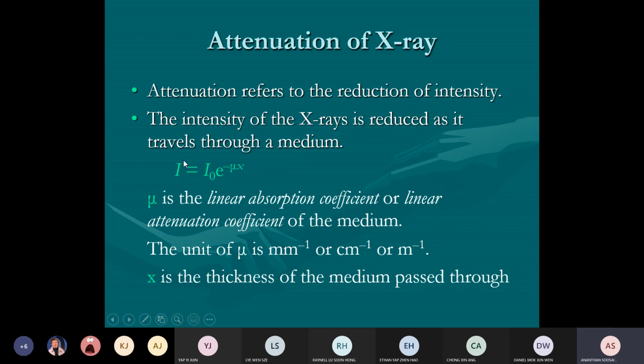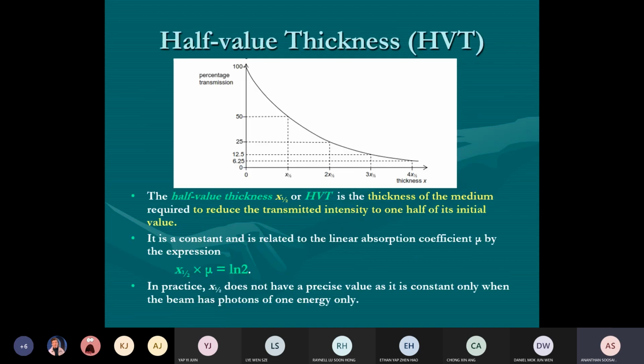They sometimes ask that to trick you. So remember the I here is the intensity that is emitted after passing through the tissue. So that's all.